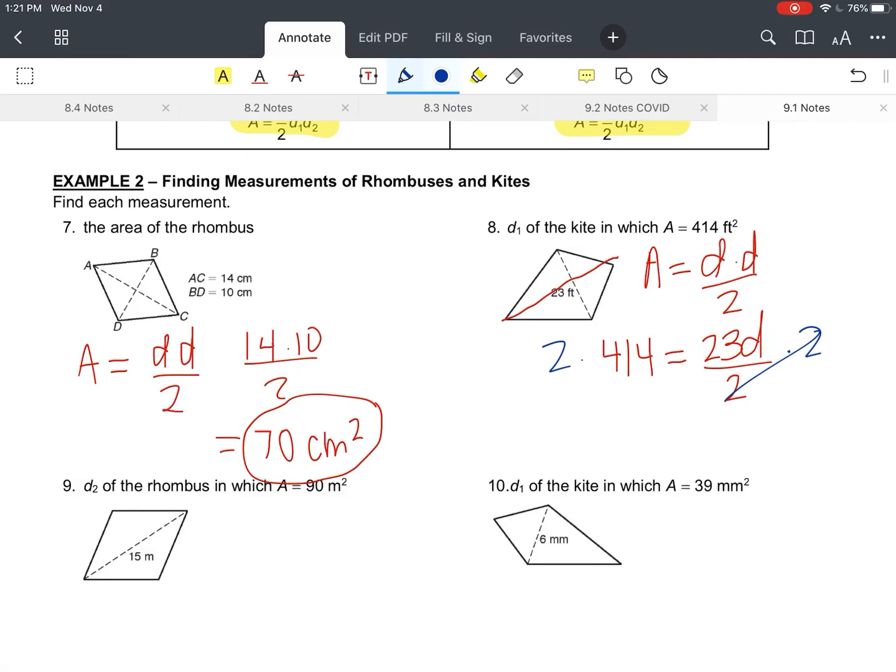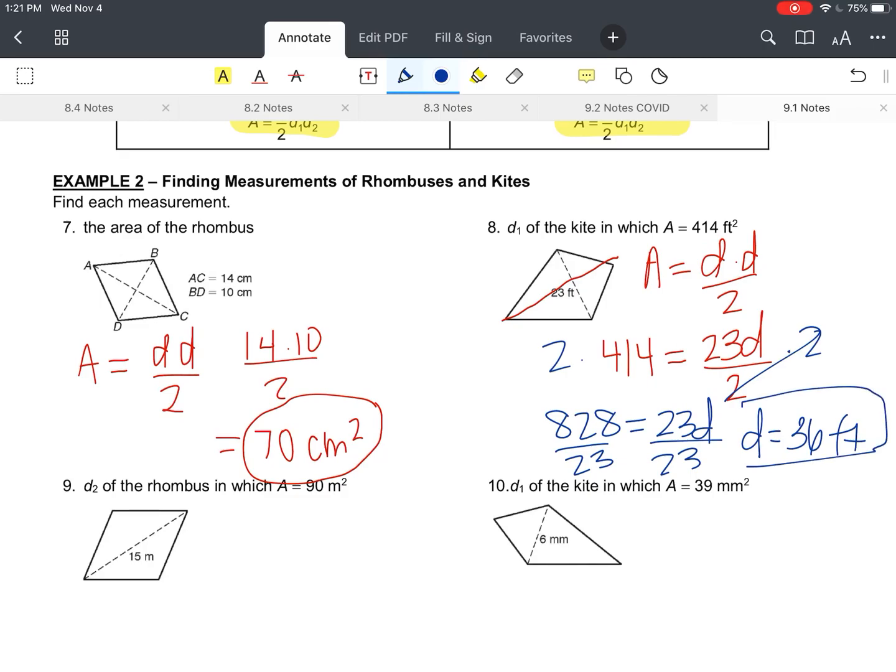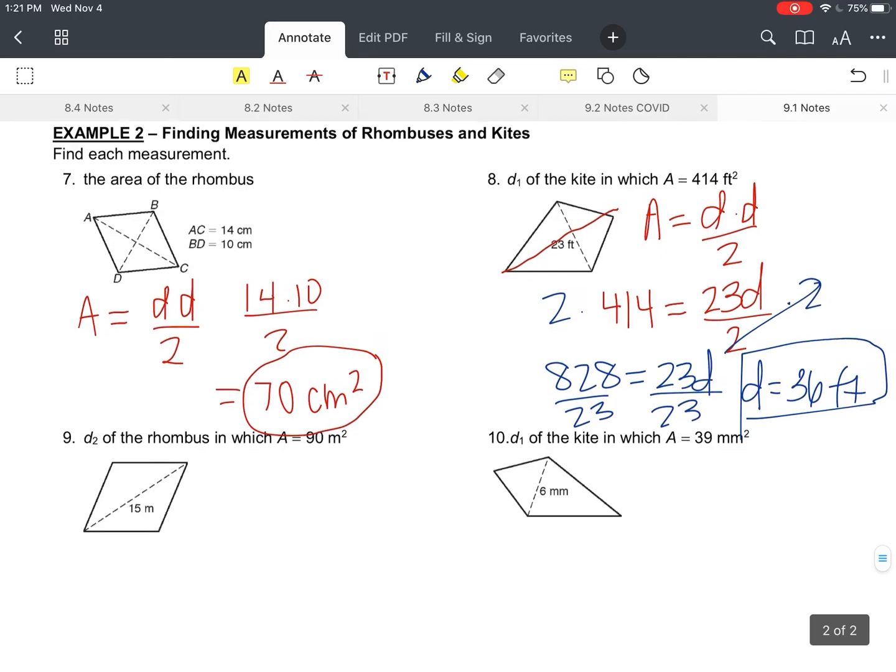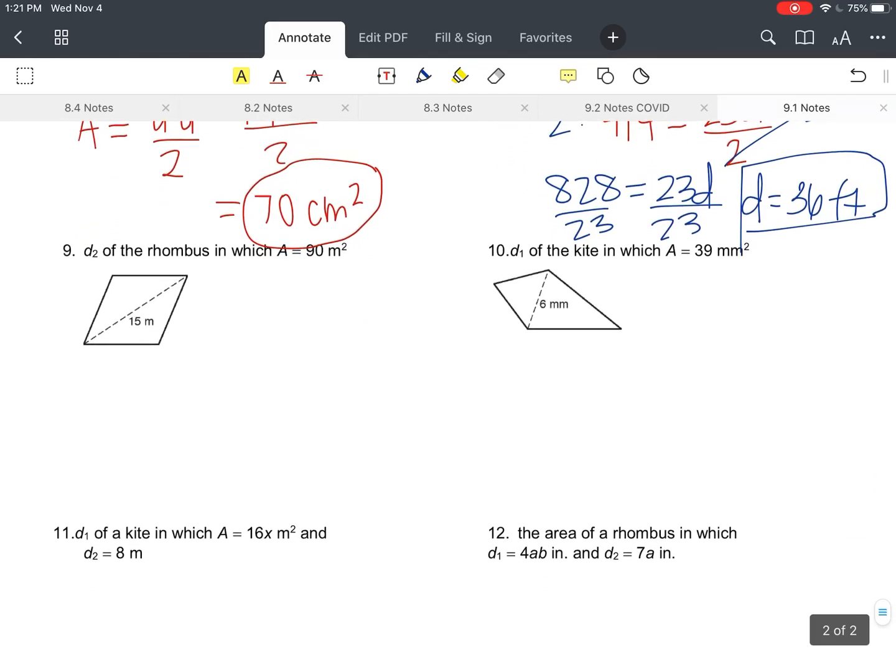So you can either do 23 divided by 2 or multiply both sides by 2. Again, it's just a matter of personal preference. 2 times 414 would be 828. And then lastly, divide by 23. So D is 36 feet.